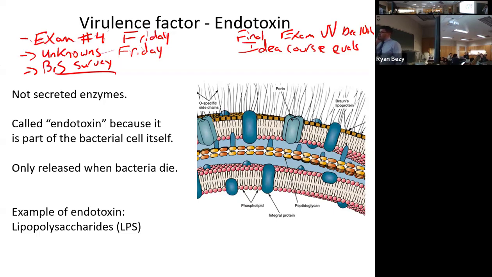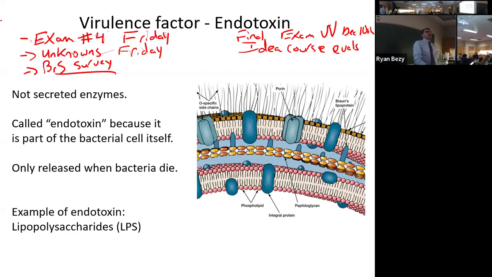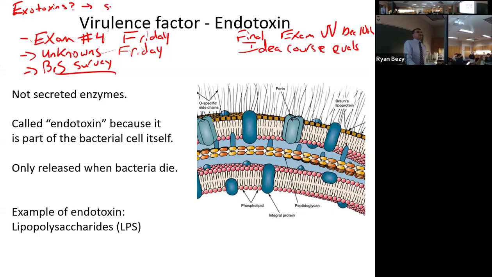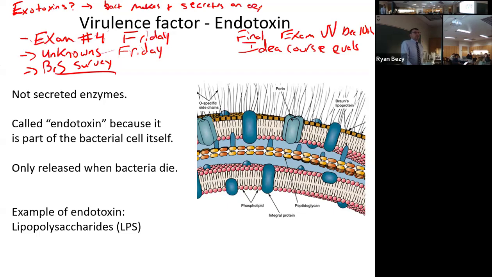Yesterday, we talked a lot about immunity and virulence factors. For instance, one thing we talked about was exotoxins. What are exotoxins? The bacteria makes and secretes an enzyme that targets host cells in some way.